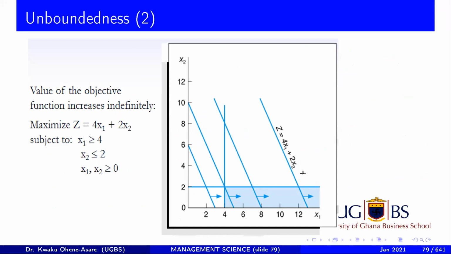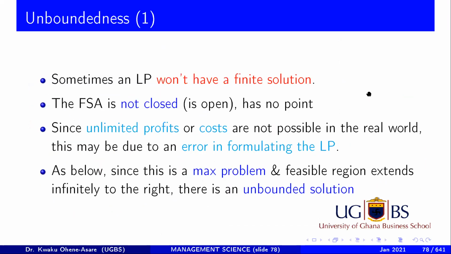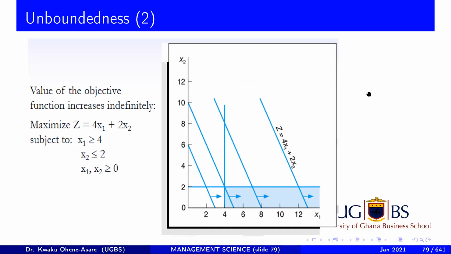And the reason is because the way you've constructed the constraint, and again, the constraint will always guide you, you could see that the feasible solution area was not closed. You can see the openness there.